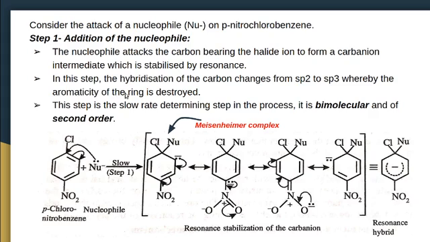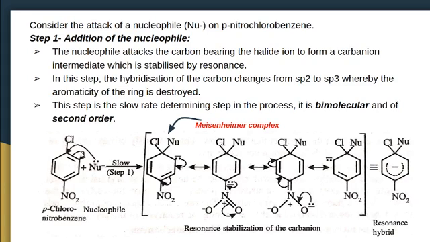In this step the hybridization of the carbon changes from sp2 to sp3, whereby the aromaticity of the ring is destroyed. Before the attack of the nucleophile, this carbon was sp2 hybridized, but now it becomes sp3.